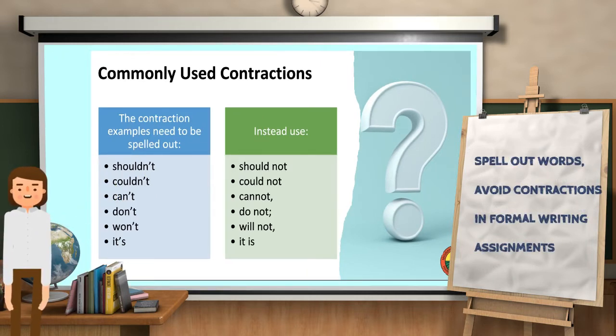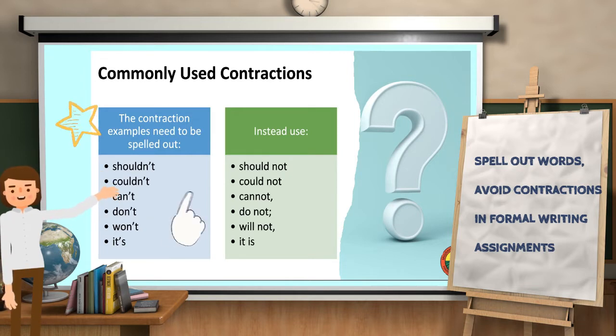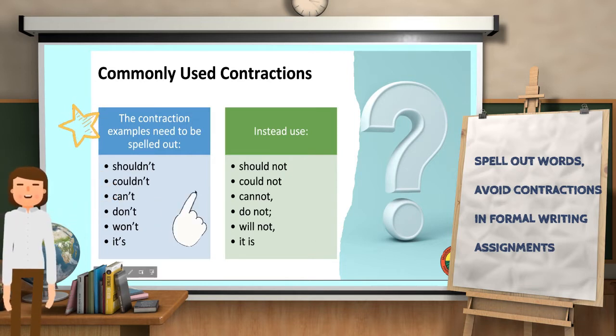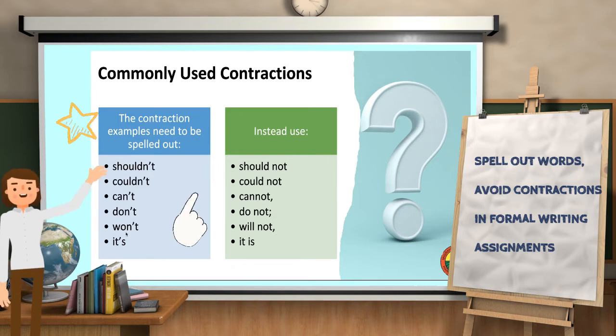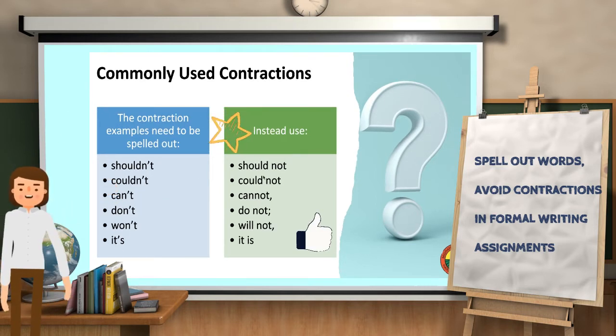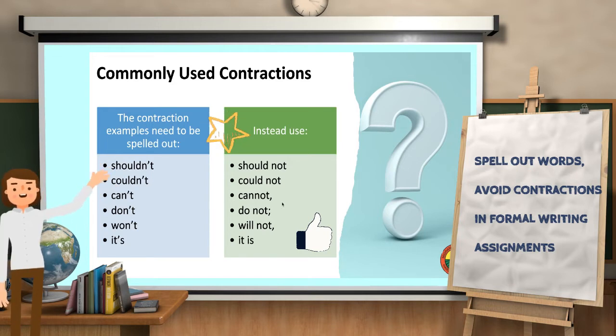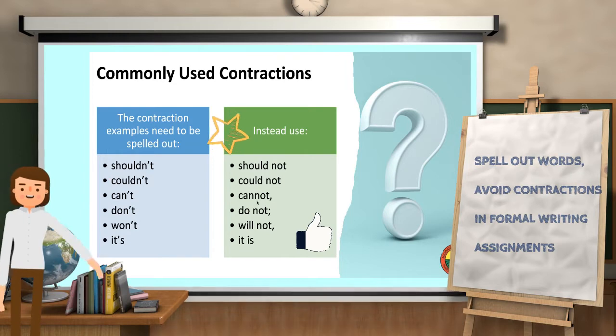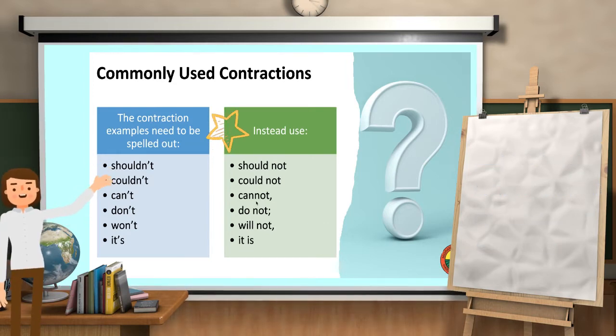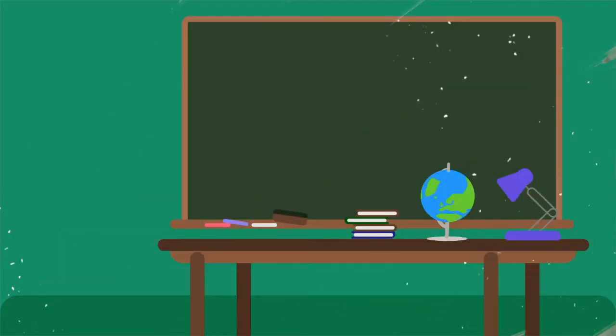So these are just a few examples of contractions that are commonly used. Spell them out. So should not, could not, cannot, do not, will not, and it is. Make sure cannot is one word. Okay, all the others are two words.